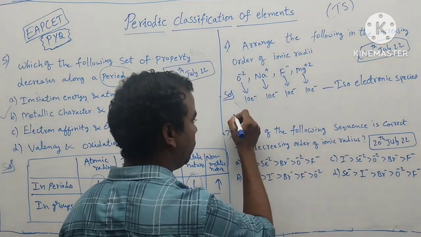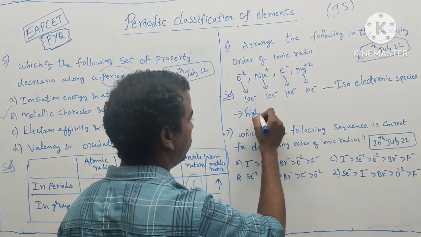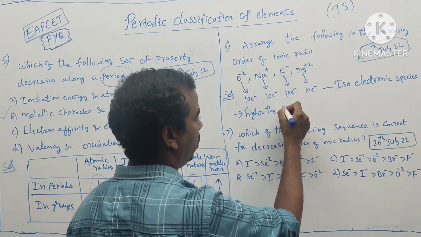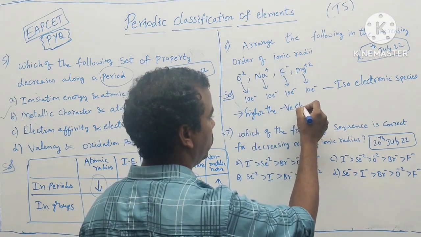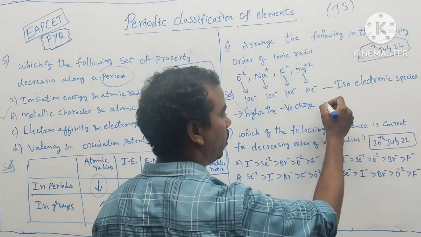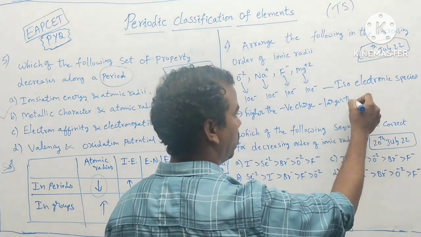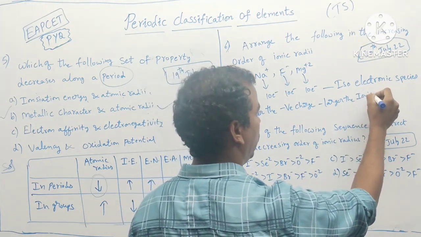For isoelectronic species, the higher the negative charge, the larger the ionic radii.